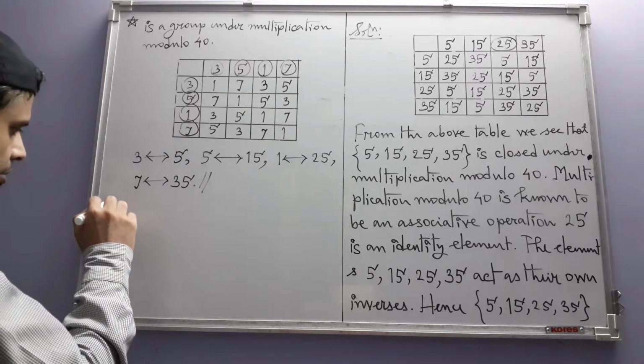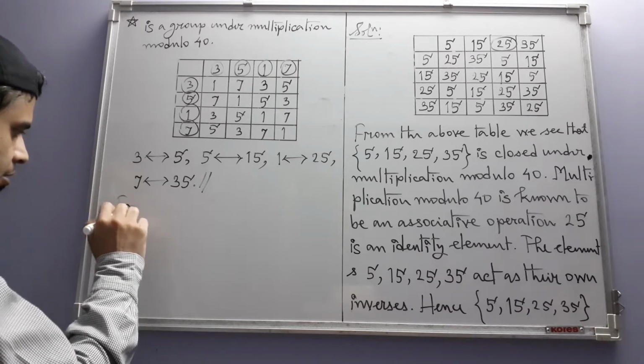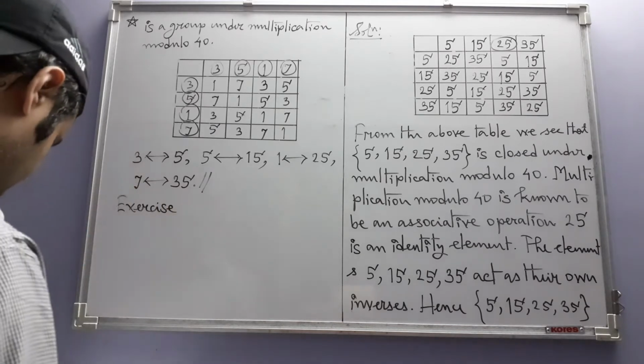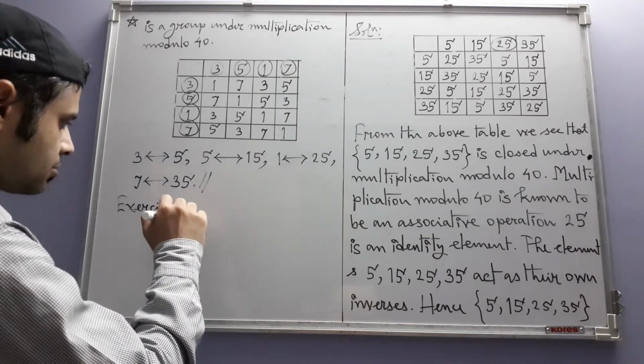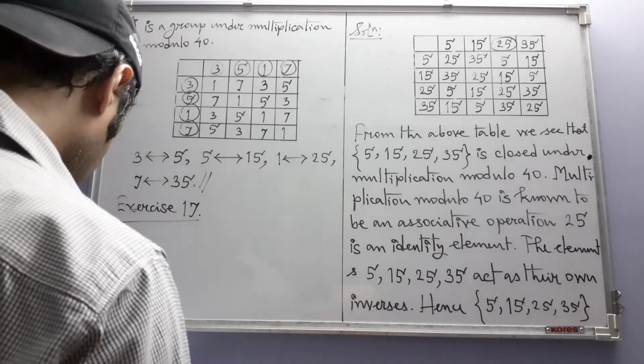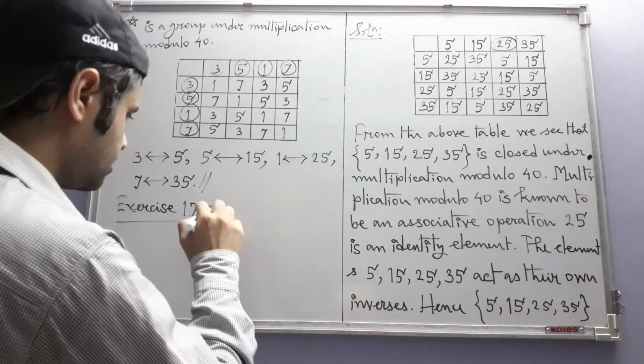The next exercise is quite interesting. Exercise 17. Let P and Q be distinct primes.